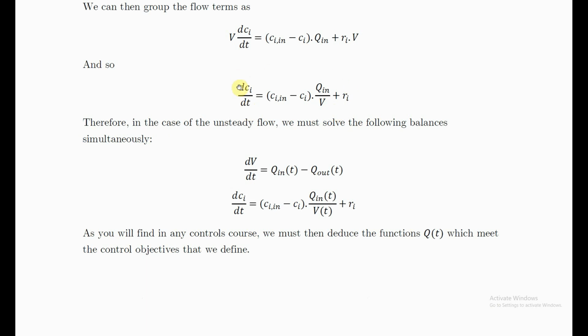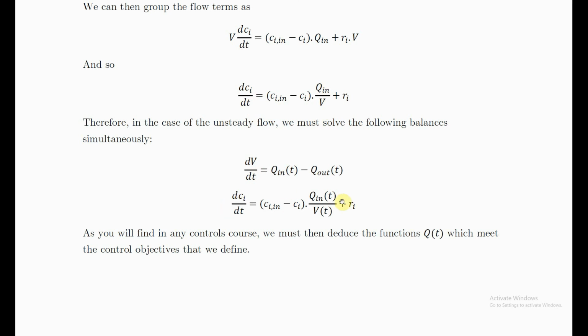Now to solve this equation, you've got Ci as the variable of the equation, but Q in is some time function, and in response V is also a time function. So we know Q in we can specify as a time function, but V needs to be solved for, and we have the balance that we can use to solve for that V. So we keep dV/dt as another equation, and this equation of course, that's what we are interested in.